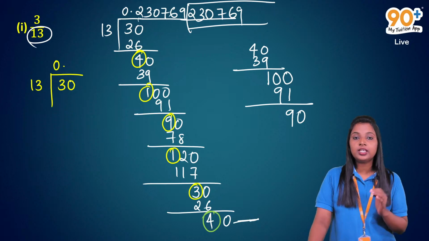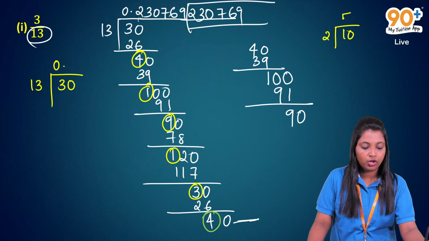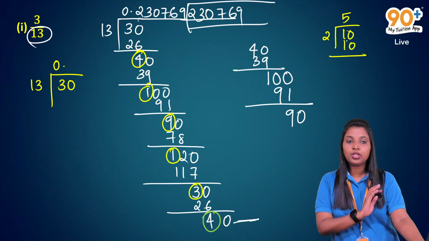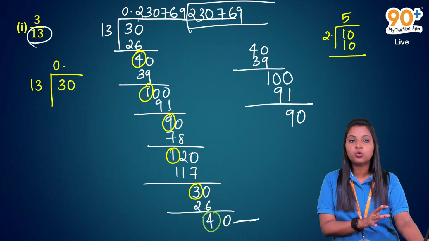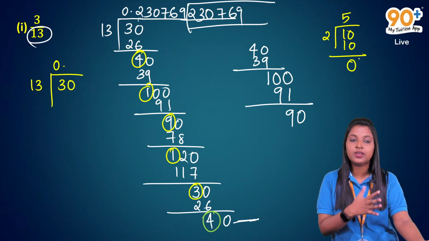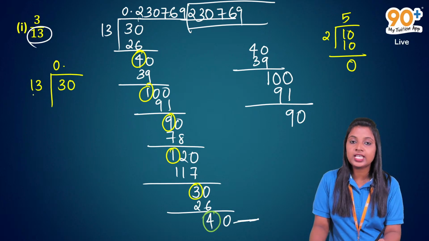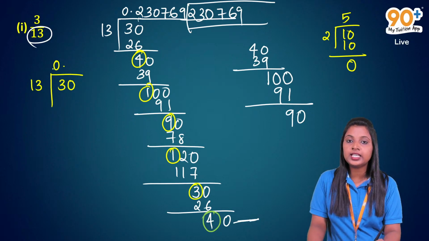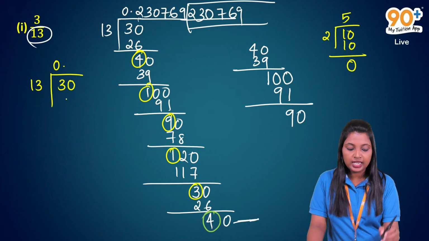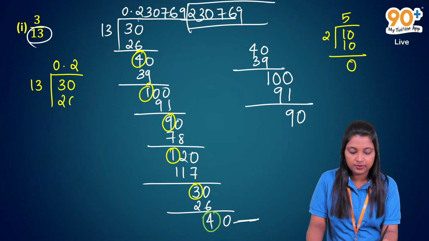Just like we divide 10 by 2, we always try to find a number so that when we multiply 2 with it, we get a number less than or equal to 10. Just like that, you have to find a number so that when you multiply it with 13, you get a number less than or equal to 30. And that number is 2. 2 times 13 will give you 26.